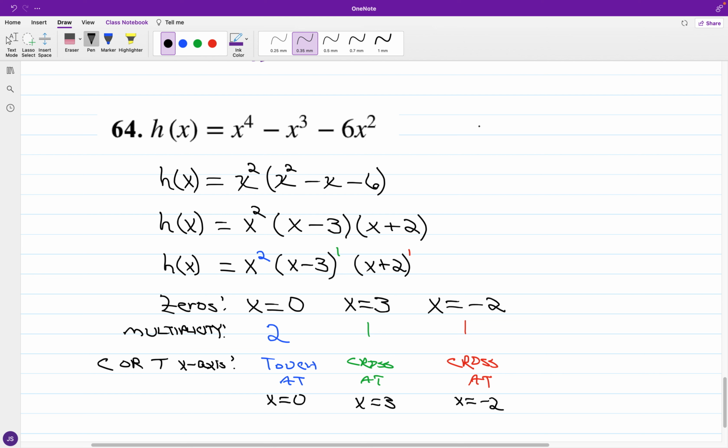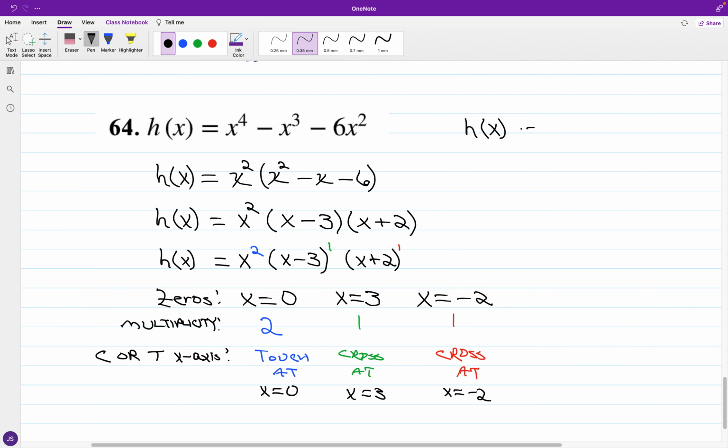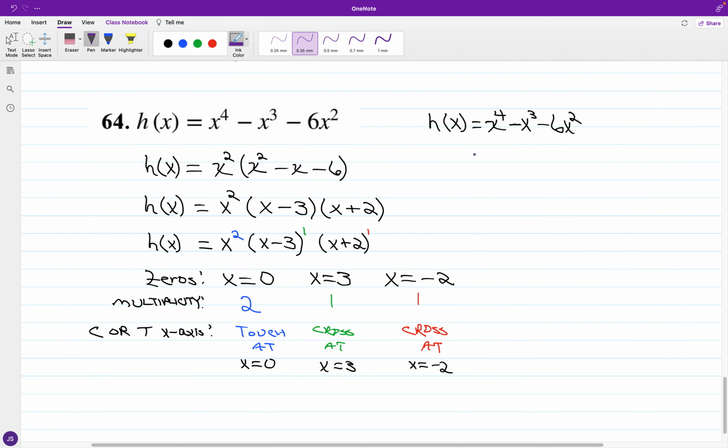And for what we have for h of x, once again referencing the expanded form, we have x to the fourth minus x cubed minus 6x squared. Again, highest degree term, let's say HDT for short.